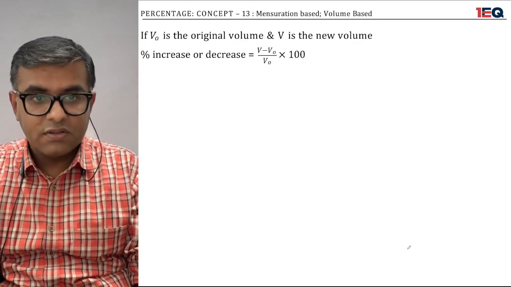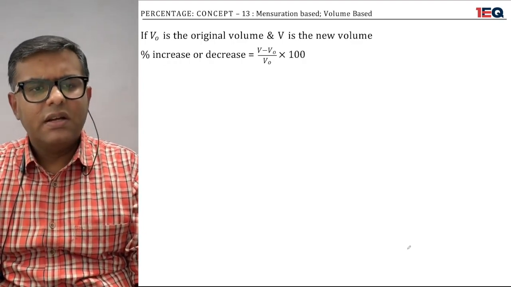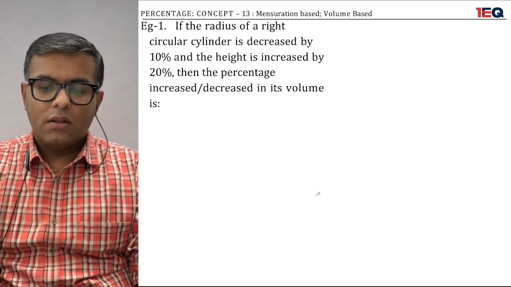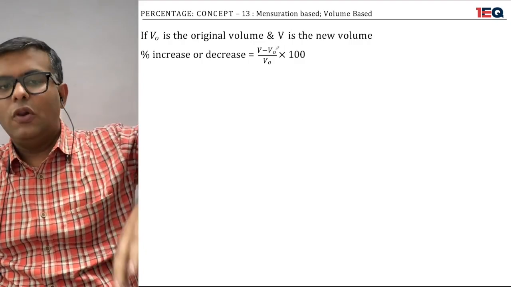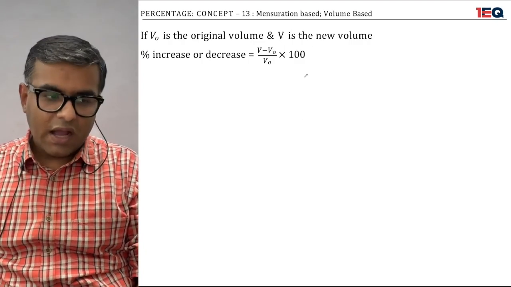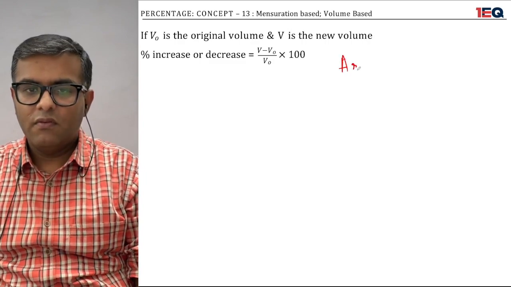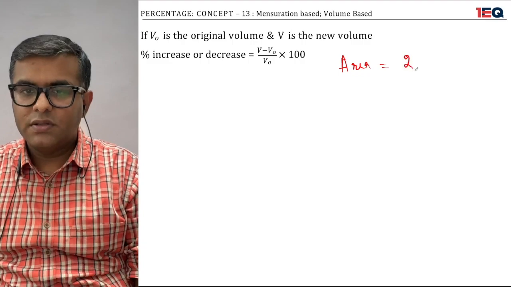Okay, I would also take up percentage concept number 13. It's pretty cool. The concept here is the change in volume. As I've already told you in the previous slides, when we talk about area, we talk about two quantities.